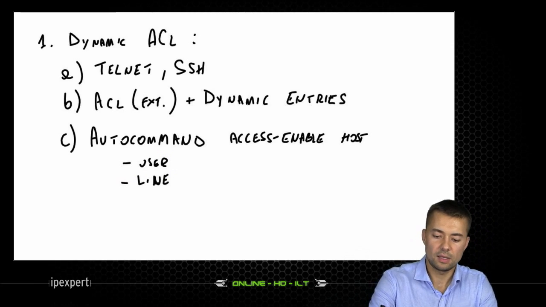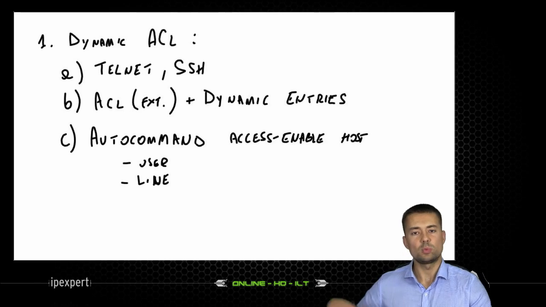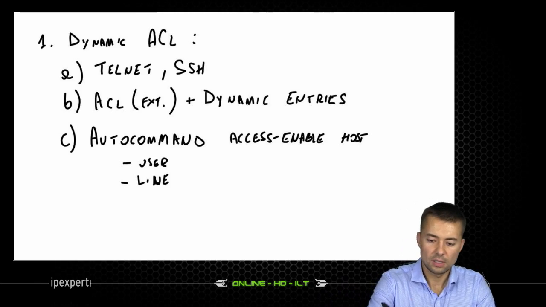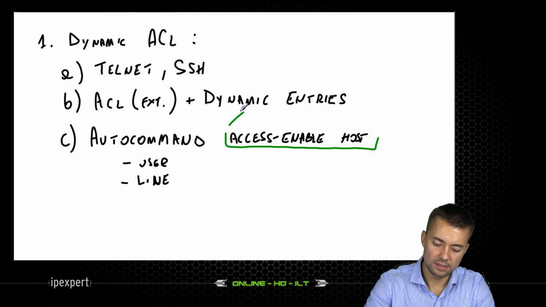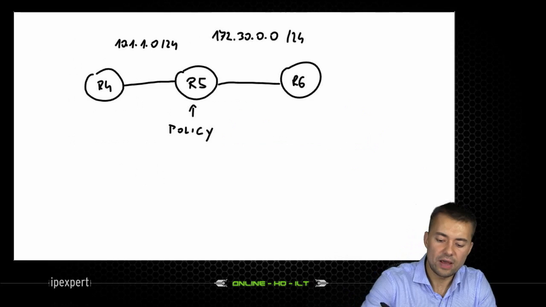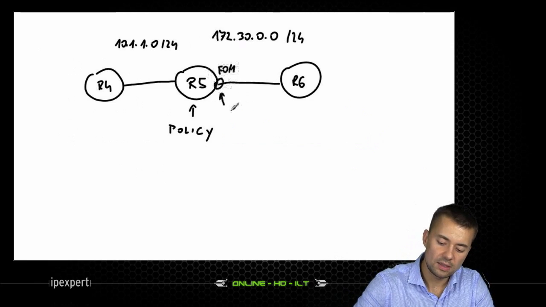The reason that we need this autocommand here is that once we authenticate successfully, we want to get disconnected from the device. And this part is going to ensure that the dynamic entries in our access list will be activated. So in our case, it's going to look like this. Router 5 is going to be configured on its FO1 with an access list 101 applied inbound.